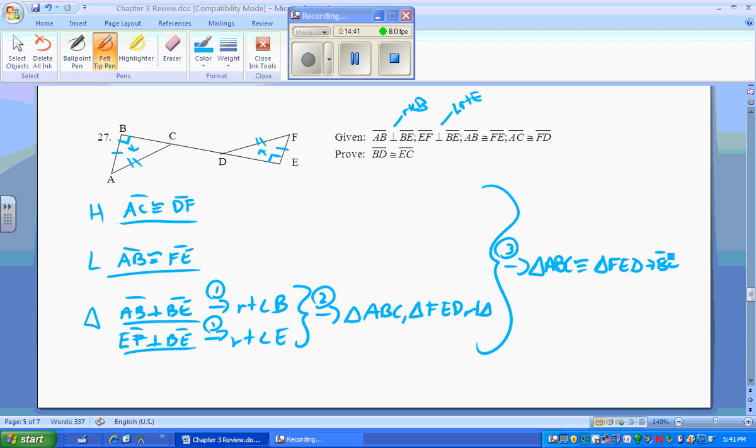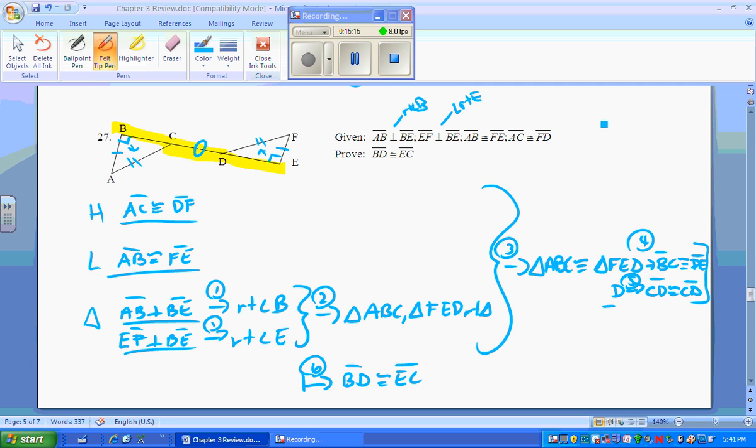So I can say BC is congruent to DE, which is not what I want. I want this overlapping piece here and this overlapping piece here, which means you realize that they share this piece. So after CPCTC, we can use the reflexive piece of CD being congruent to CD. These two together. Reason 6, we can say BD is congruent to EC by addition.